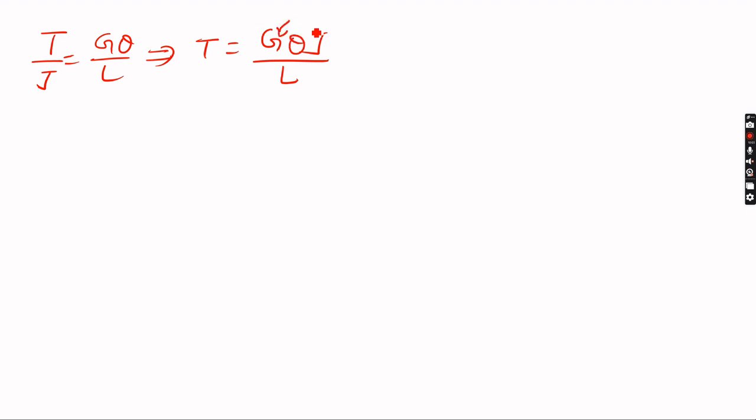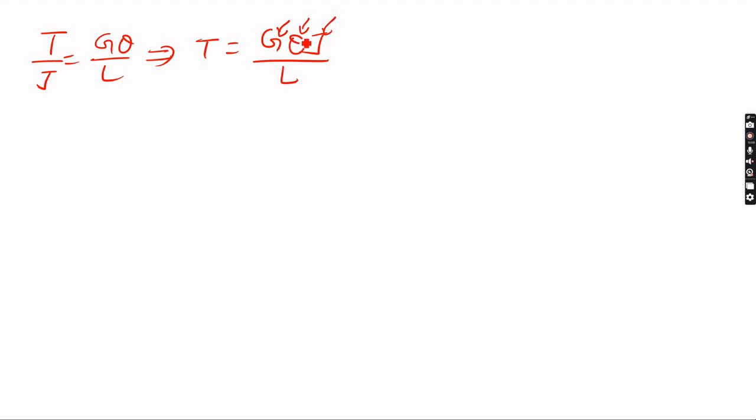So how can we find T? T equals G theta into J by L. Now you have G, you have J, you have theta.